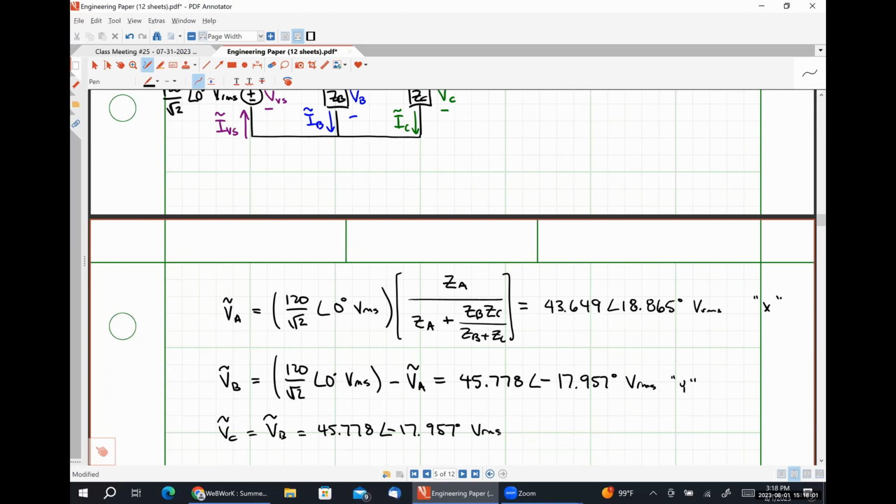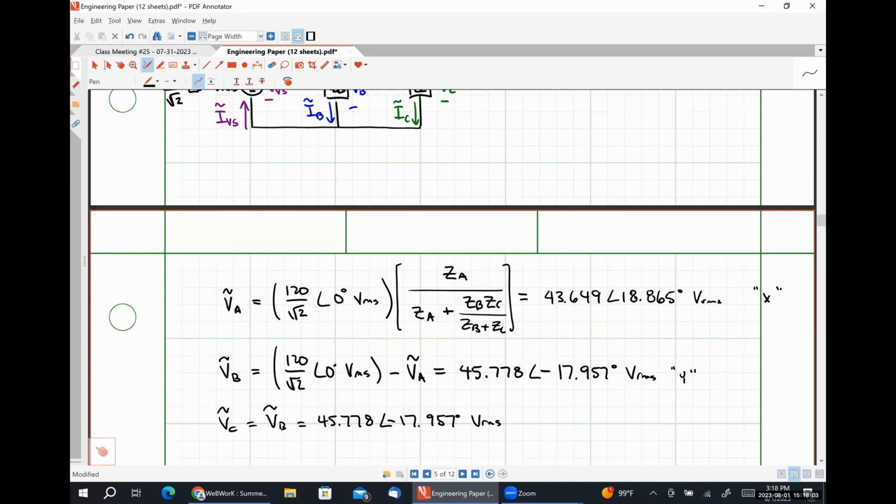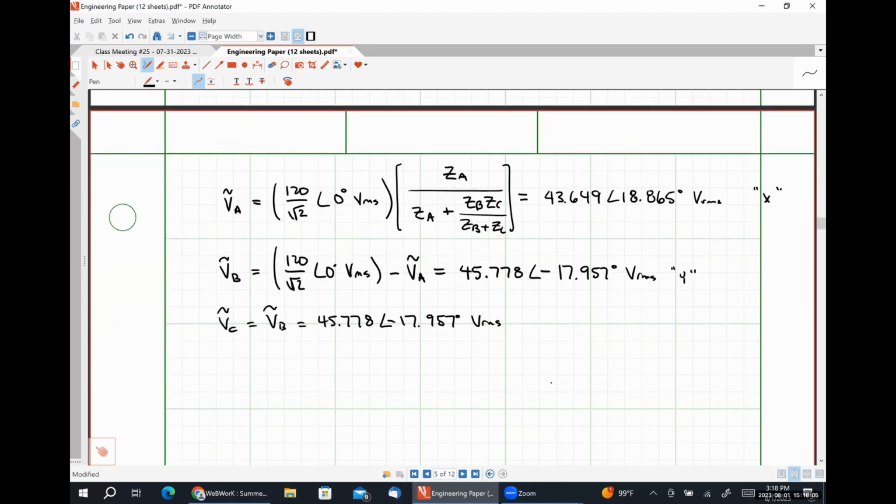And we can do that just by using Ohm's law, right? So IA is just going to be VA over ZA. So that's what I have stored in my calculator as X divided by what I have stored in my calculator as A.